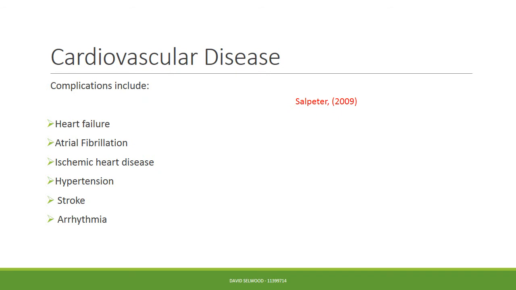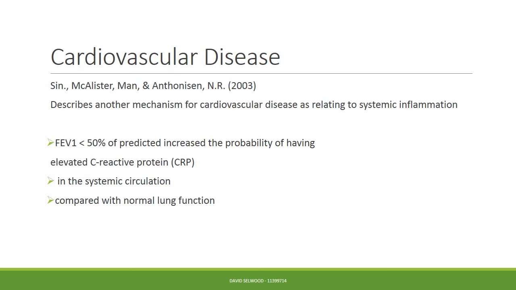Some cardiovascular issues in COPD sufferers include heart failure, atrial fibrillation, ischemic heart disease, hypertension, stroke, and arrhythmia. A study by Sin, McAllister, Mann, and Anthonisen looked at the adaptation of cardiovascular issues in COPD sufferers as relating to systemic inflammation.